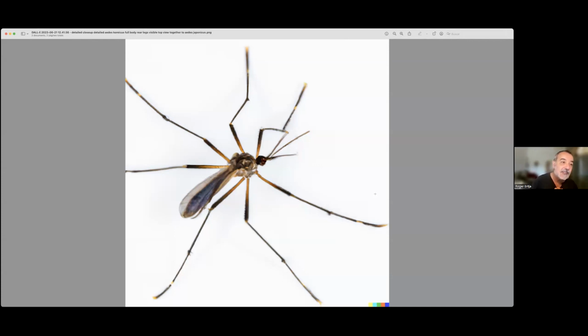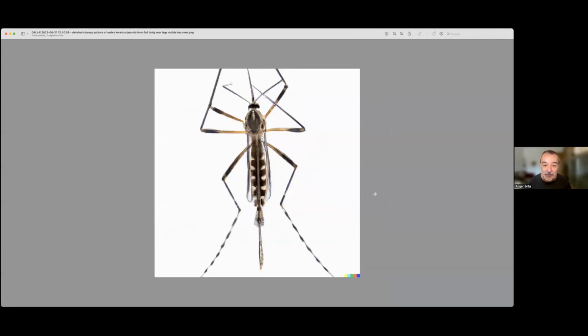I asked for a detailed close-up of Aedes Koreicus, full body, rear legs, top view, together with Aedes Japonicus. Well, it just forgot to add Aedes Japonicus. And another one issued this, which is kind of a damselfly mosquito. Sorry, just a joke, but it's very interesting to see what new technologies can do. They are not very helpful in this case, but they probably will be in time.